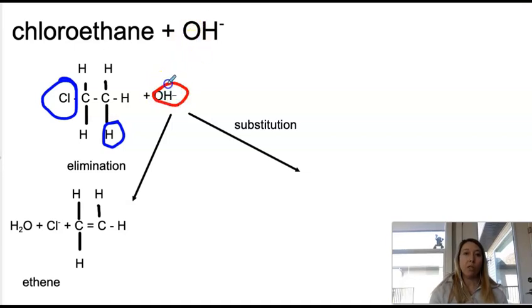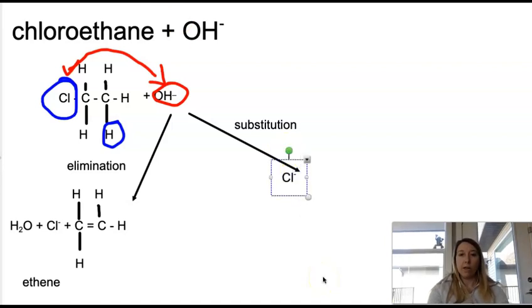Okay, in the substitution option, things are a little different. In substitution, this OH is just going to swap spots with that Cl. So now we are going to have that chloride ion, because it's now taking the spot of that OH, and that OH is now going to take the spot of that Cl.